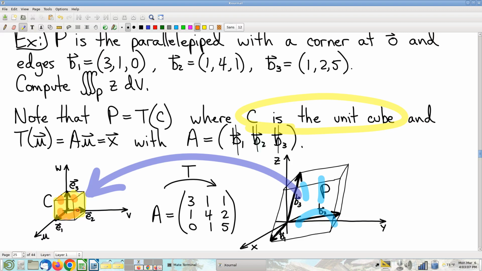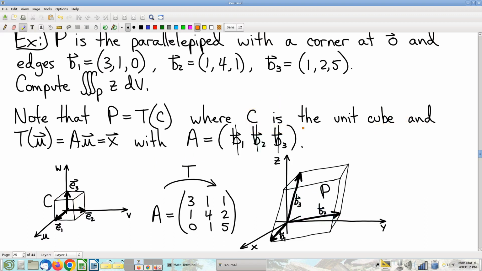Okay. All right. Let me persuade you before I go on of this claim that the image of the unit cube truly is this parallelepiped. That's an easy observation about standard basis vectors. So, taking, for example, this first standard basis vector over here in the UVW space, what's the image of that first standard basis vector? Well, I'm going to multiply that standard basis vector by my matrix, the matrix representing my chosen transformation.